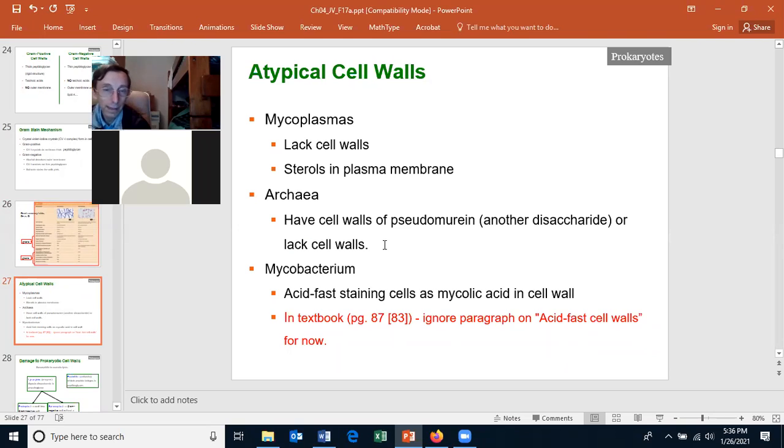Most of the archaea do have a cell wall, but it's not based upon peptidoglycan. The archaea, generally speaking, don't have peptidoglycan in their cell wall. They have pseudomurein, which is another disaccharide, to make the cell wall. And there are a few archaeobacteria that don't even have cell walls. So these are atypical cell walls.